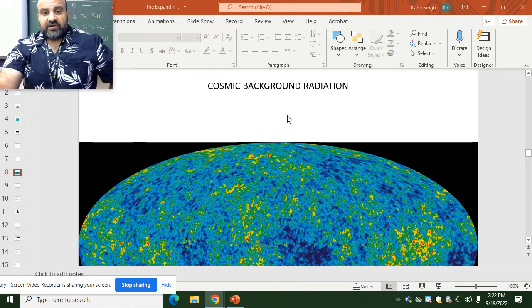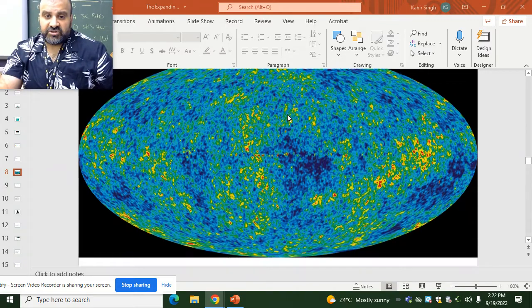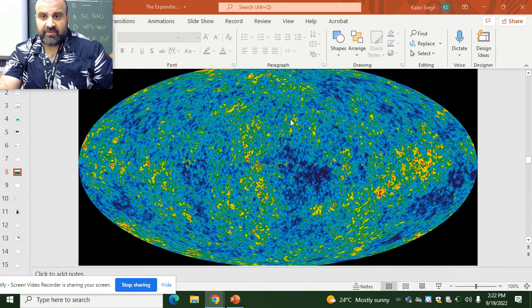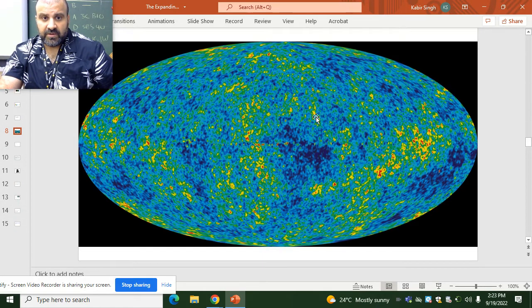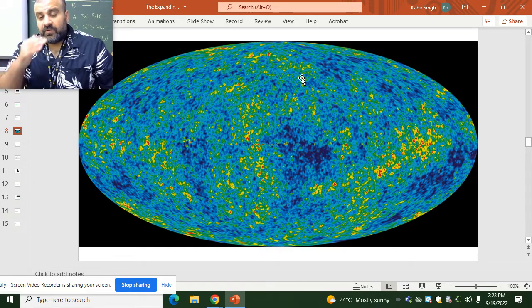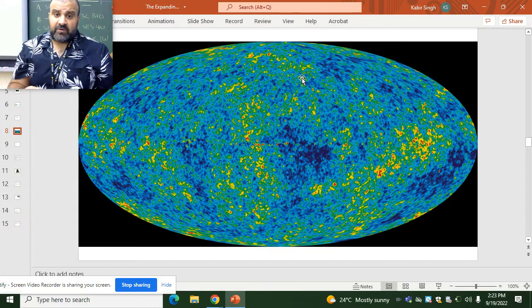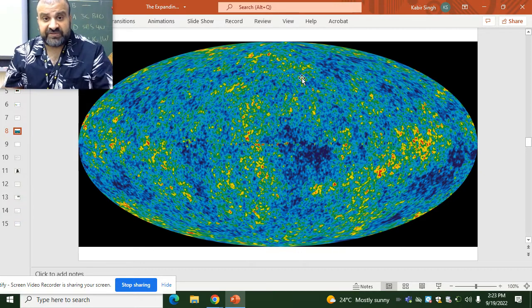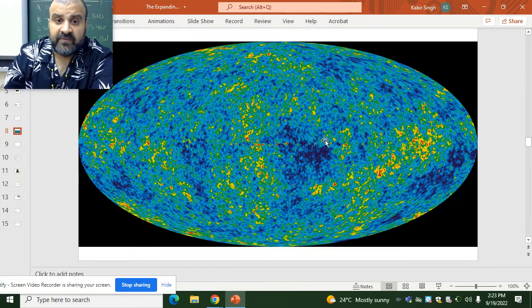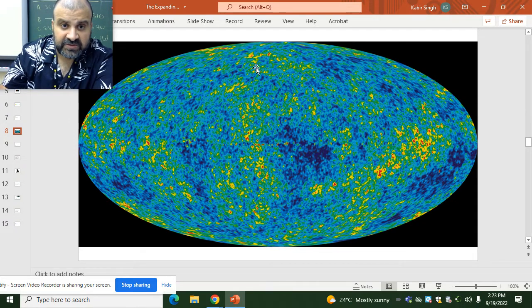So this image here is showing the cosmic background radiation. Let's pull this up. Based on telescopes on the planet and those in our atmosphere and those in outer space, they're looking out into outer space. Right? There's this glow.